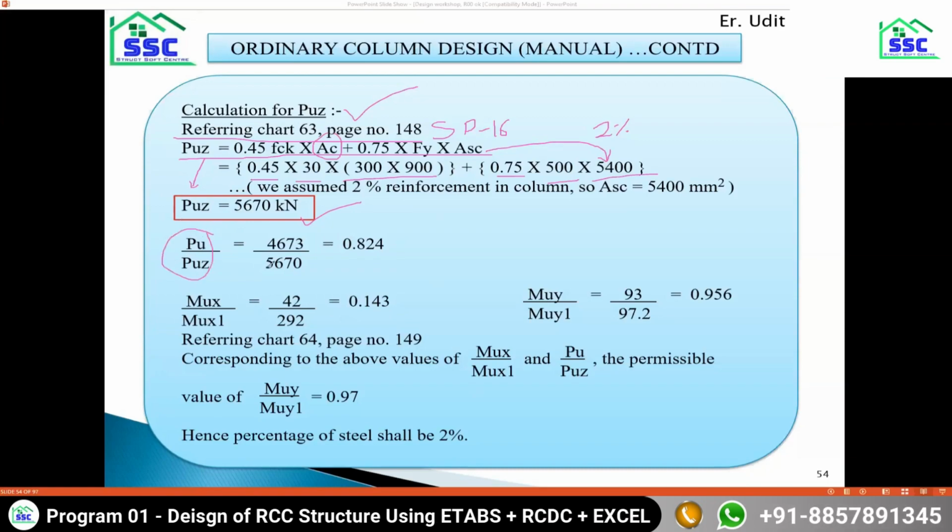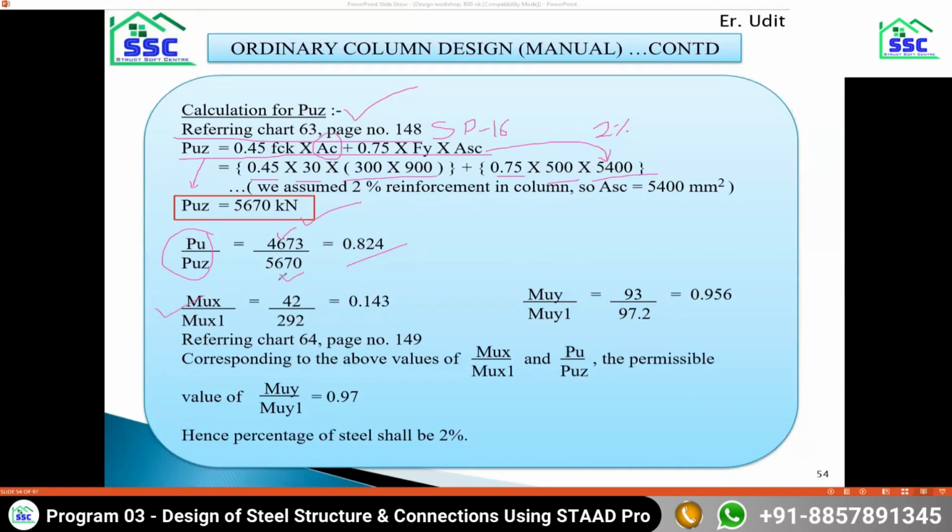So we find out this value of Pu by Puz. This Pu is nothing but our design axial force, 4673, if you recall. 4673 is our design axial force. This is our factor Puz. We get the value of Pu by Puz as 0.824.